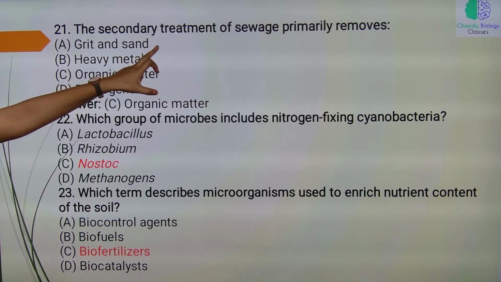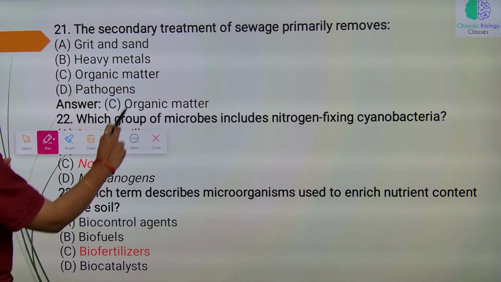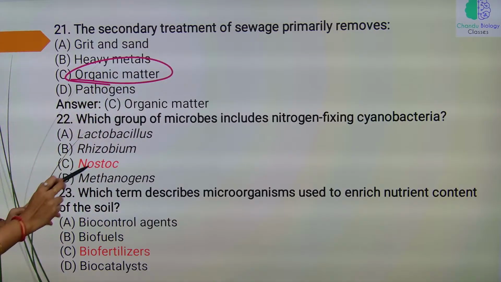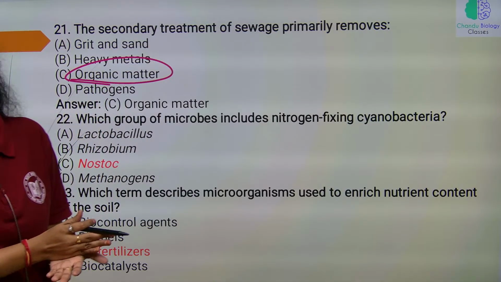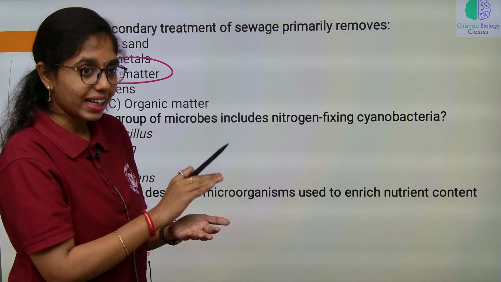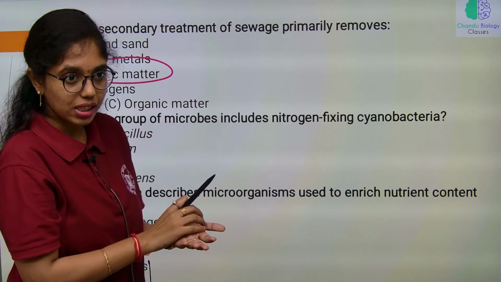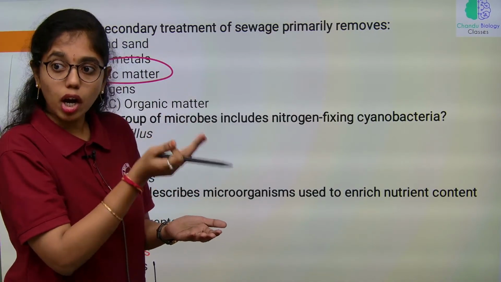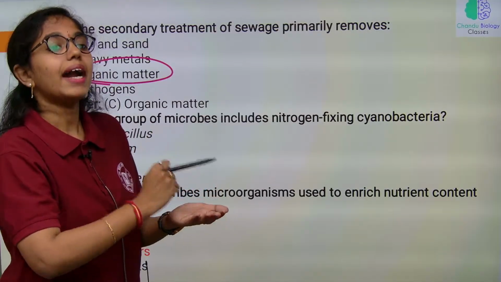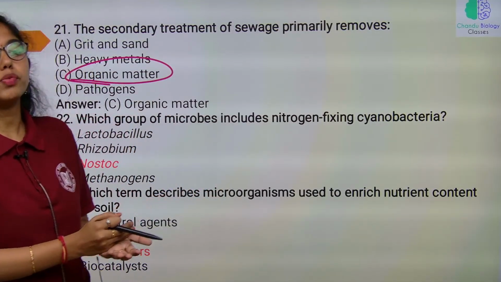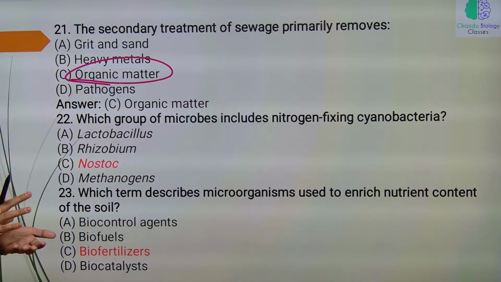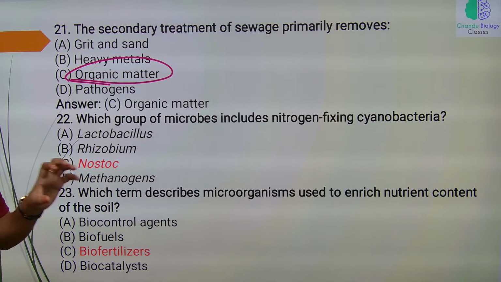It will primarily remove organic matter by aerobic sludge digesters. Thereby that decreases the BOD, biological oxygen demand, increases the dissolved oxygen inside the water bodies, and after that anaerobic microbes will come into picture and act on the anaerobic digestion.